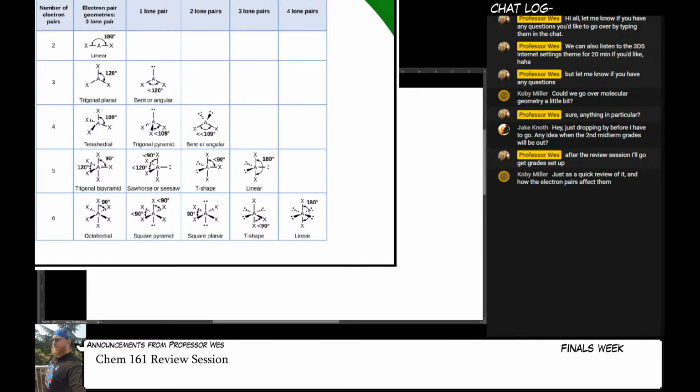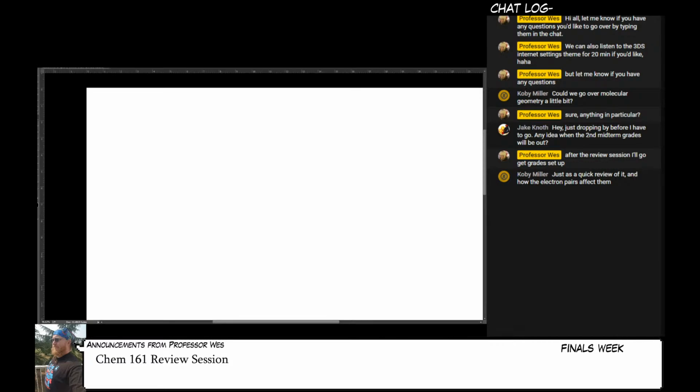If you recall from when we talked about molecular geometry, determining the VSEPR geometry is just counting the number of electron domains.